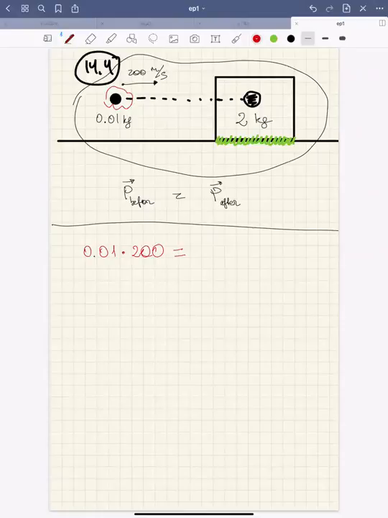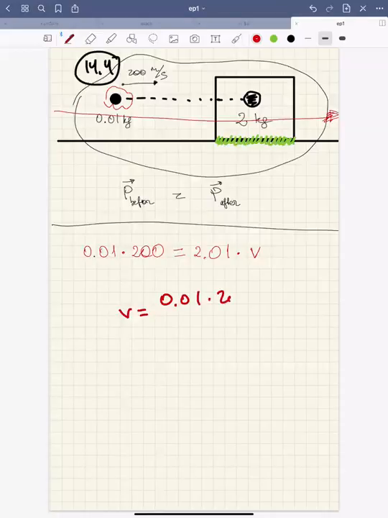Their combined mass is 2.01, and their velocity is unknown. Velocity is v. I have a motion in 1D, one direction, so there is no reason to project anything. And this equation, again, is very simple to solve. V is equal to 0.01 times 200 divided by 2.01.